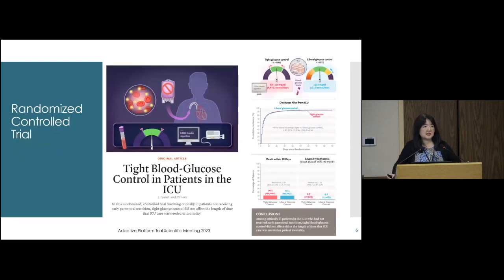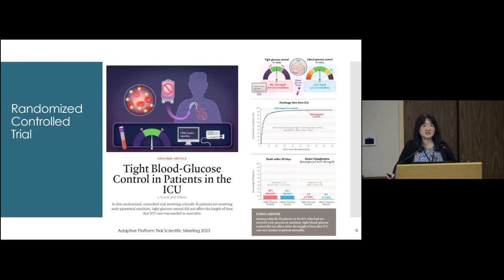This is a study that just came out today in the New England Journal of Medicine. This is a trial looking at tight blood glucose control in patients in the ICU. If you search tight glucose control in patients in the ICU, you will find many trials. This is one of many, and they took 4 years to recruit, 2018 to 2022.